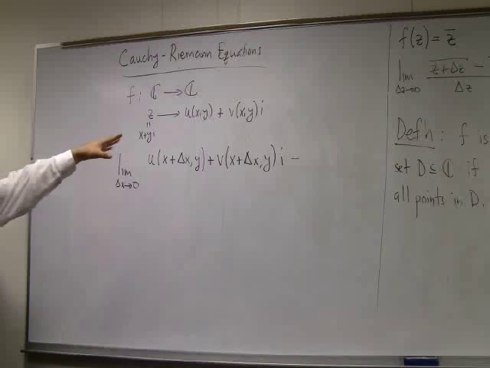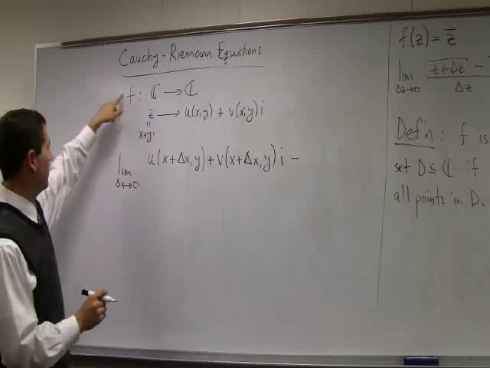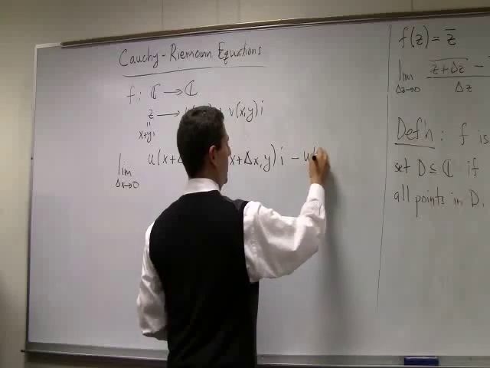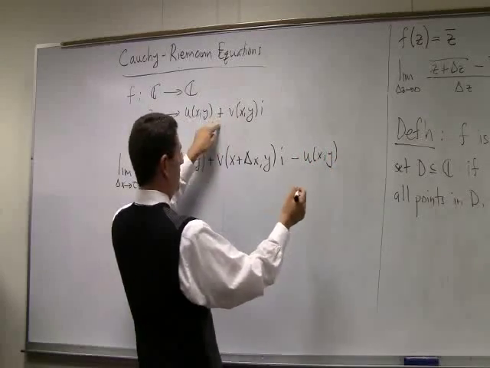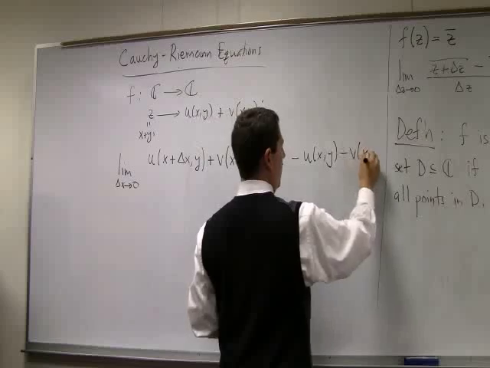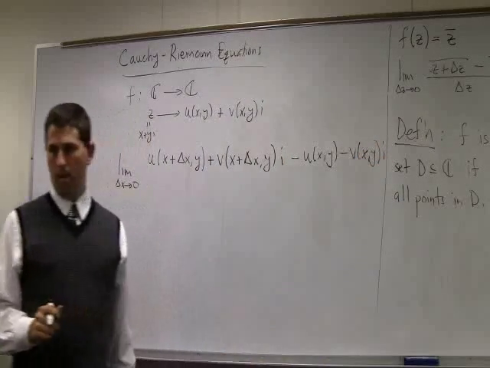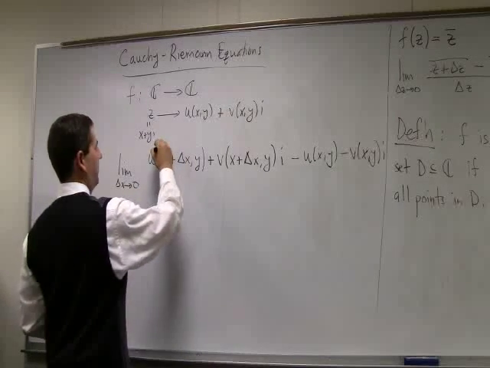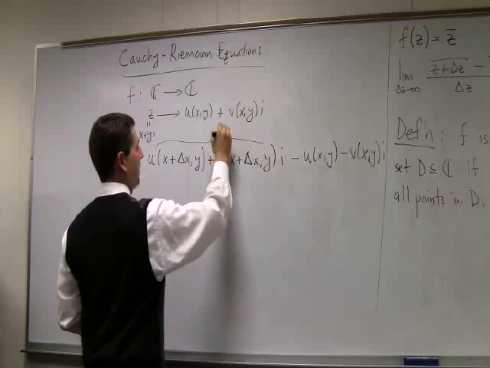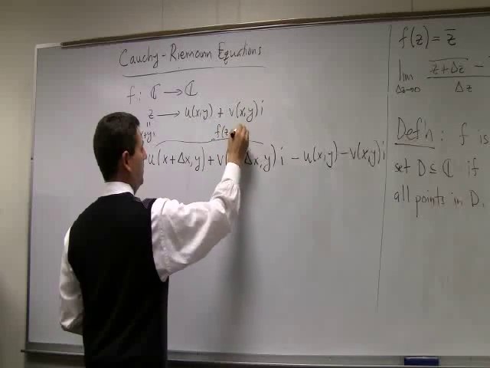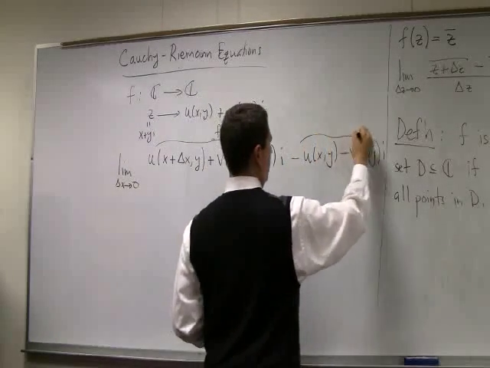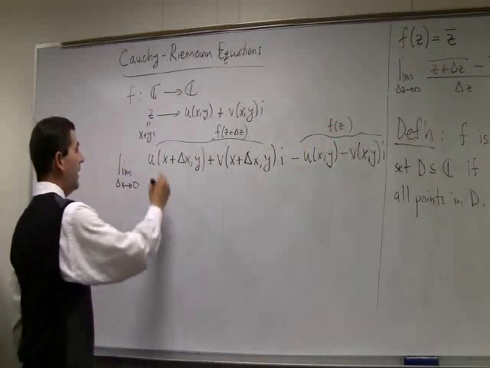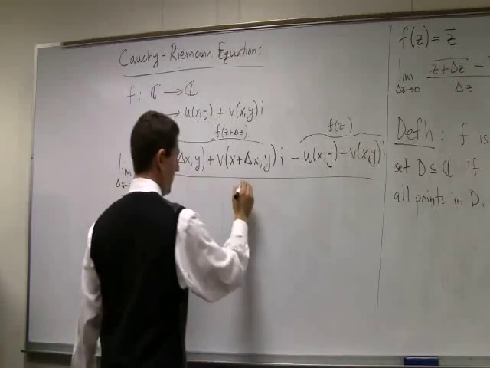I just have to evaluate f at z, and evaluating f is the same as evaluating these u's and v's at x and y. So this is minus u of x, y, and minus v of x, y times i. This part corresponds to f of z plus delta z, and this part, with the minus signs appropriately put, is f of z. And then I have to divide by delta x.